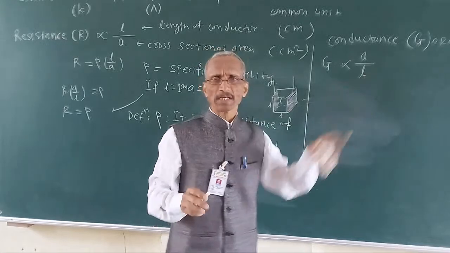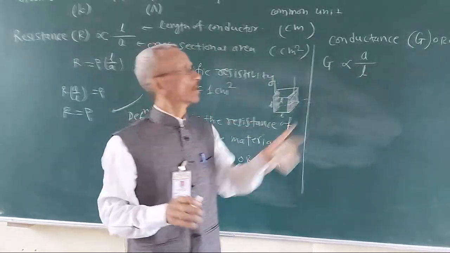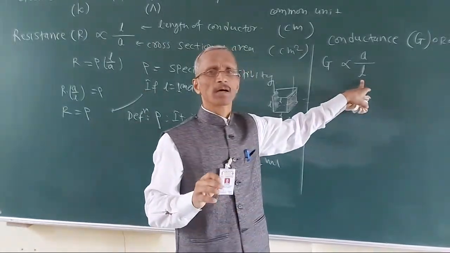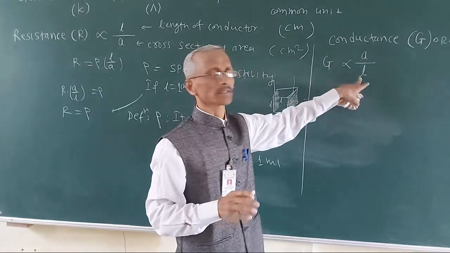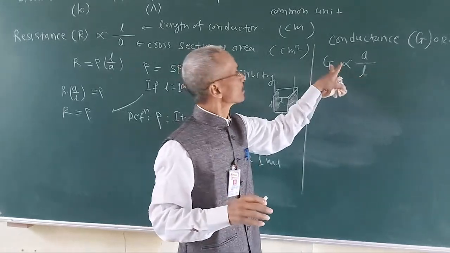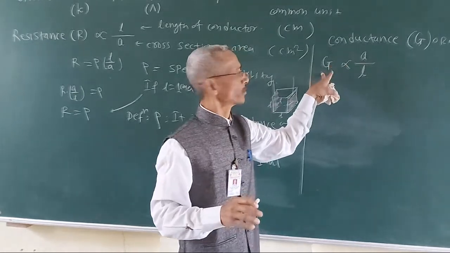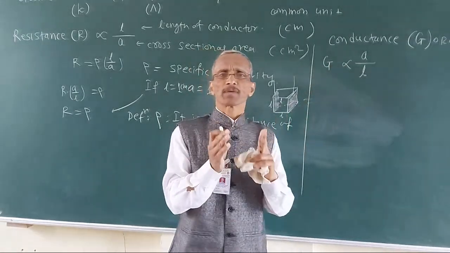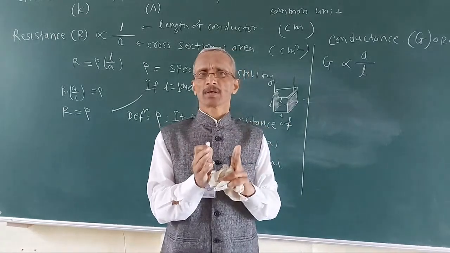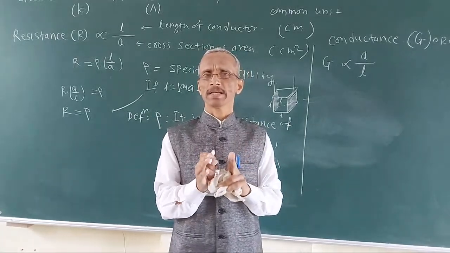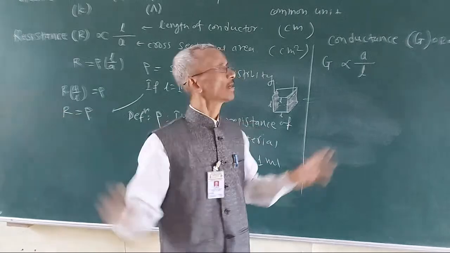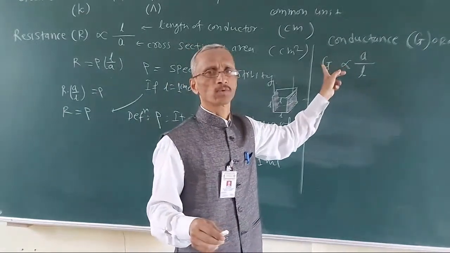So if there is a copper wire, the more the length, the more the conductance decreases. The smaller the cross-sectional area, the smaller the conductance. If the wire is thick, that is the cross-sectional area is high, then the conductivity is high.